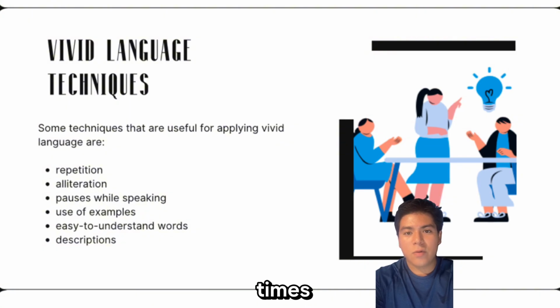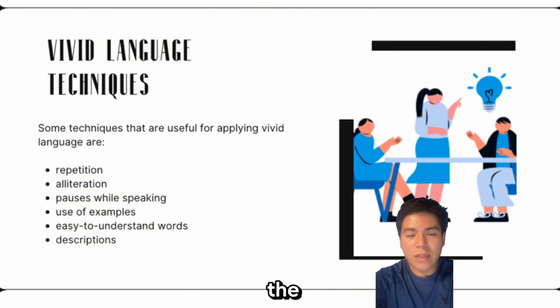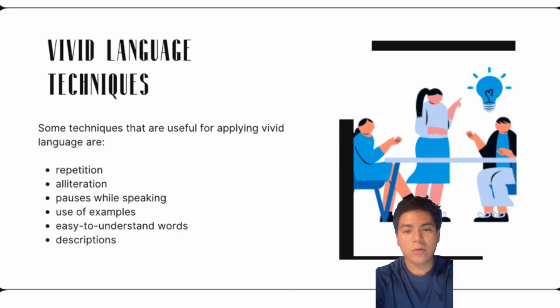Many times we hear words that are hard to understand because they are not common to us. And finally, descriptions. Descriptions make listeners imagine situations, places, sounds, or emotions more clearly.